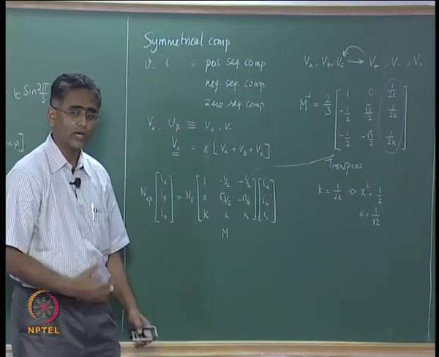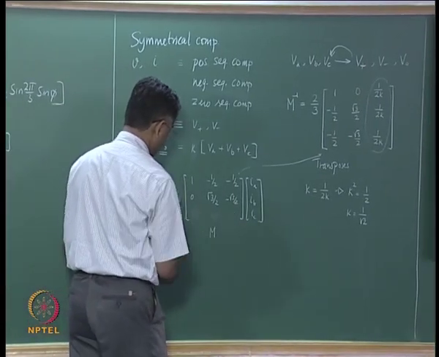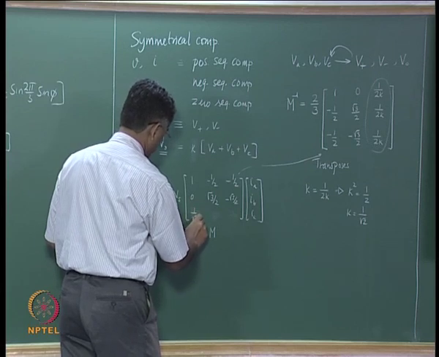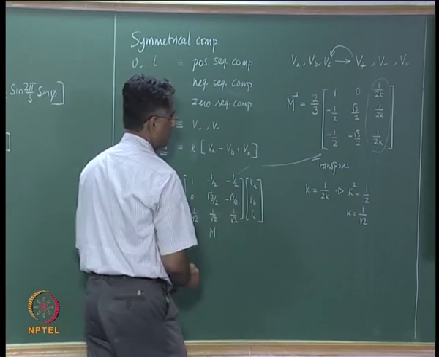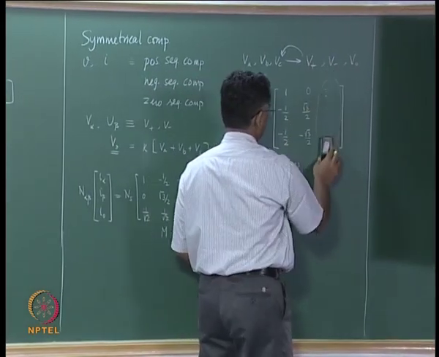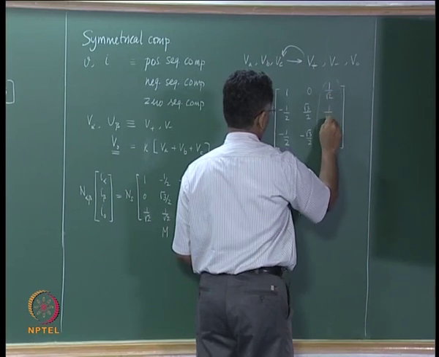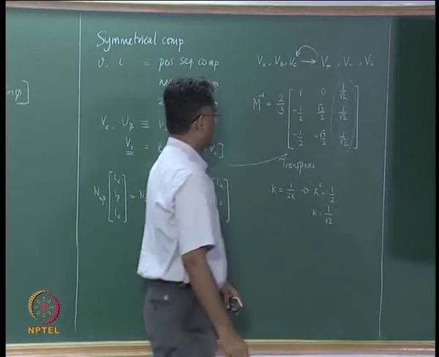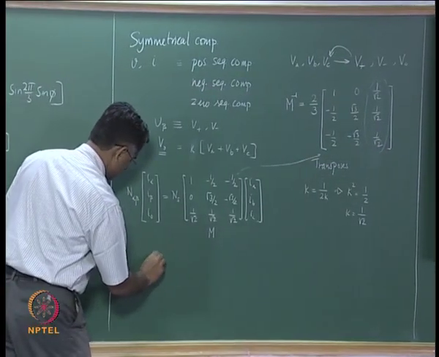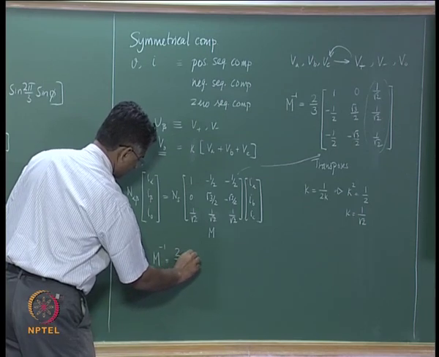So, if you put k equal to 1 by root 2, then these three numbers become 1 by root 2, 1 by root 2 and 1 by root 2, and here also this becomes 1 by root 2. And therefore, what we can say is M inverse is equal to 2 by 3 times M transpose.